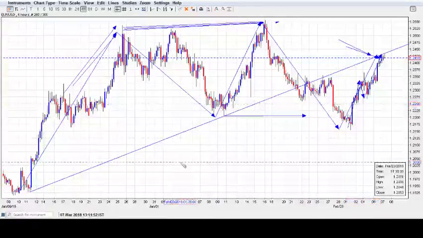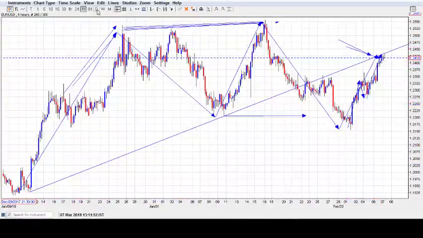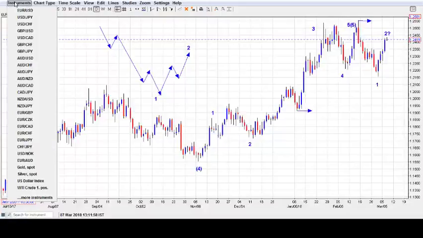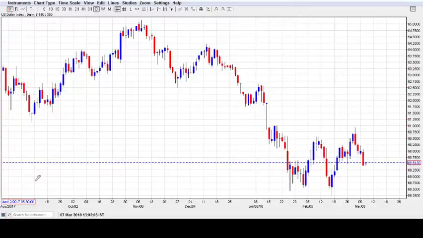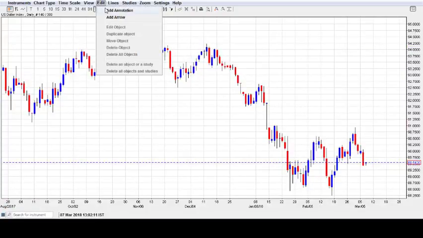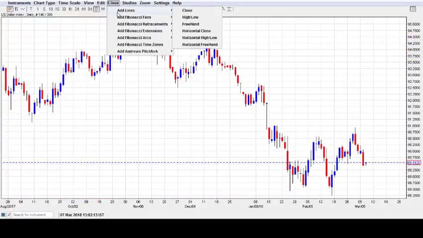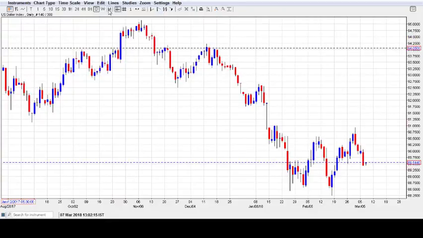All right, so let's move on to the dollar index. It's quite the reverse of what we've just discussed in the Euro USD. So let's continue the story from wave 4, a potential wave 4 of one higher degree.